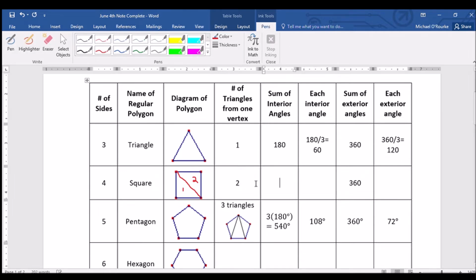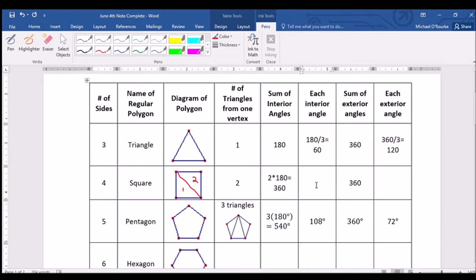So that's 2 triangles. The sum of interior angles here, well, I have 2 triangles. So realistically, that's 2 times 180, which is going to equal 360 degrees. Okay. Now, how much is each interior angle?